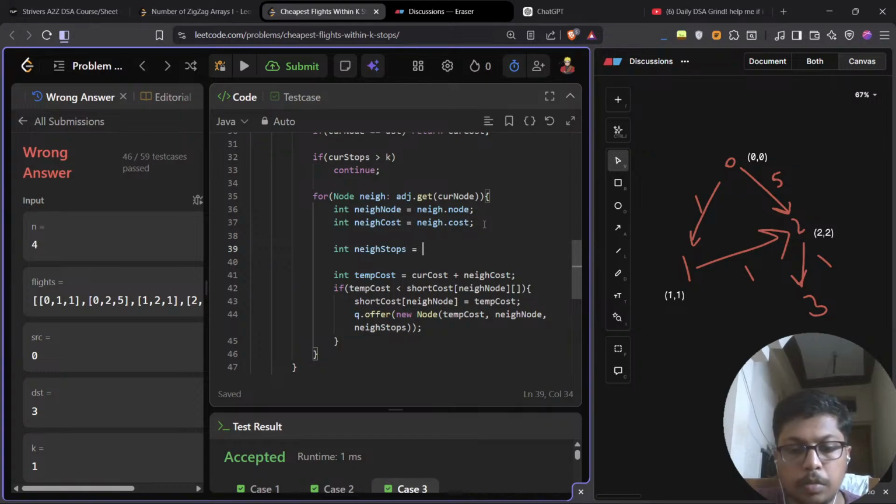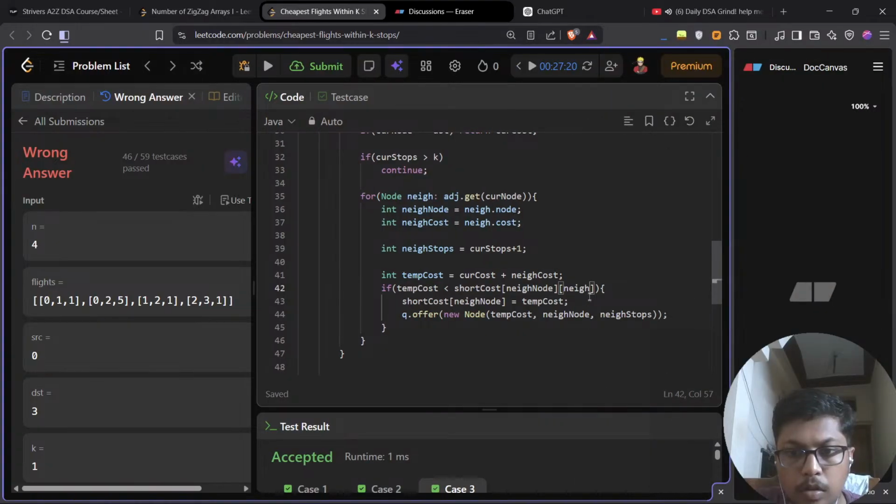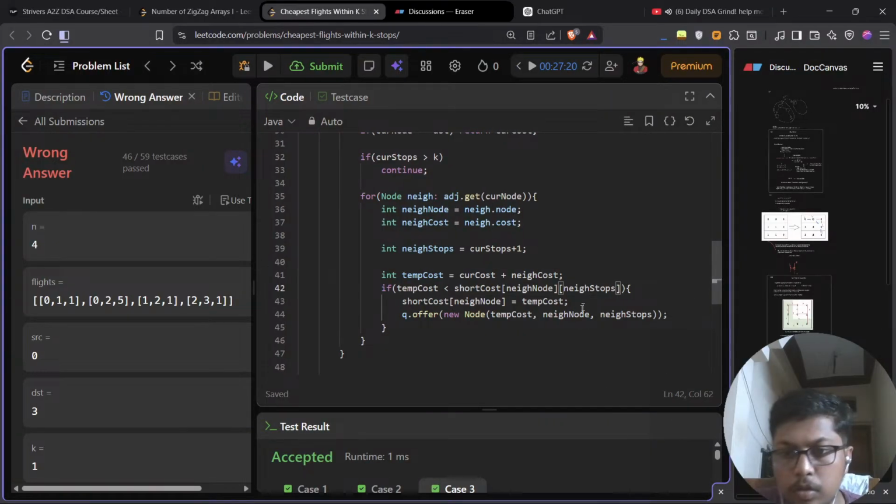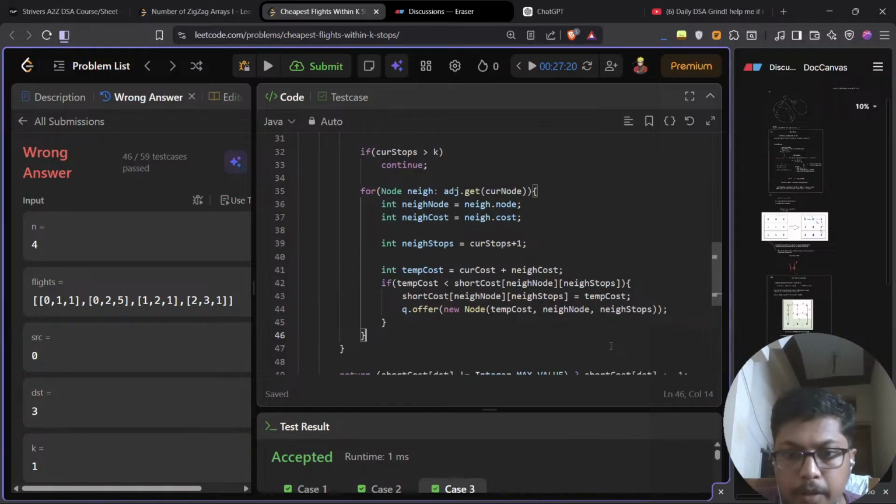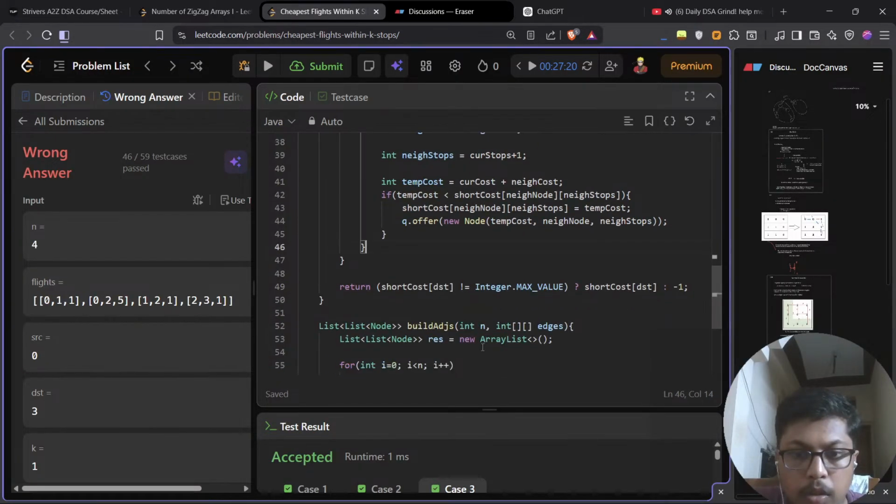Okay, so what I would say is, the thing is transferring to the minimum one.